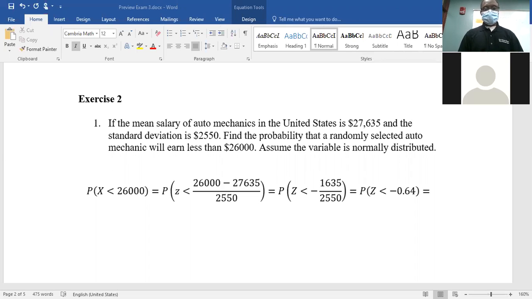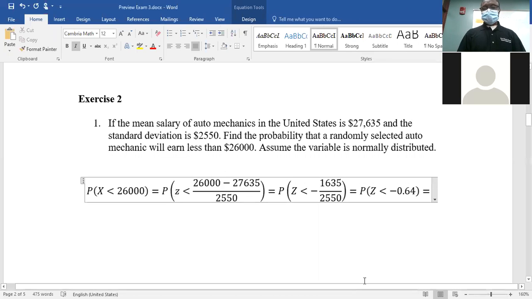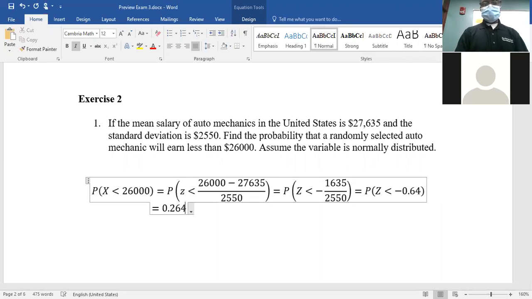So you can write that 0.264. Anyone using Excel, because I keep using Excel here and I'm not sure if any of you feel comfortable using it.